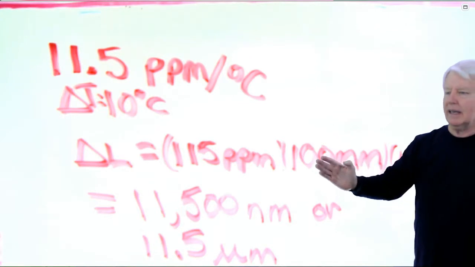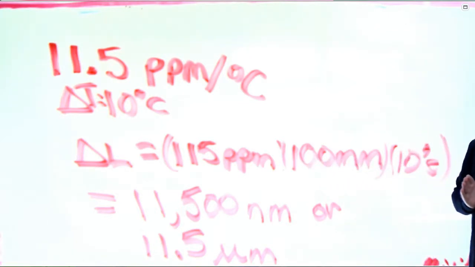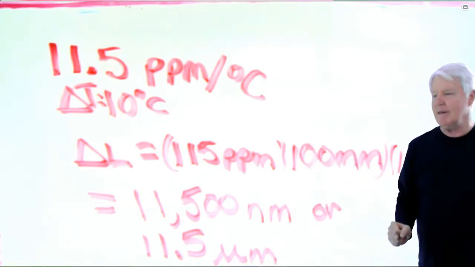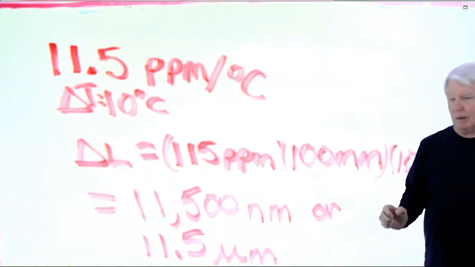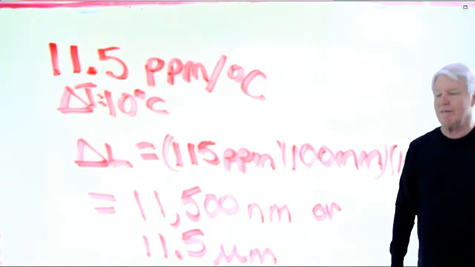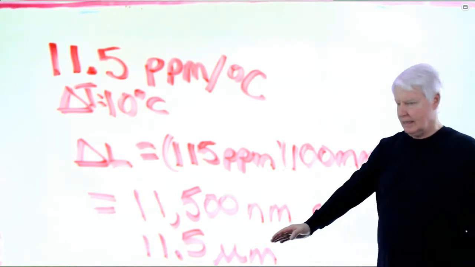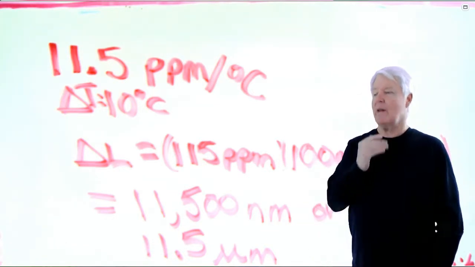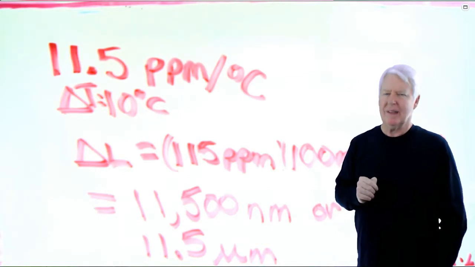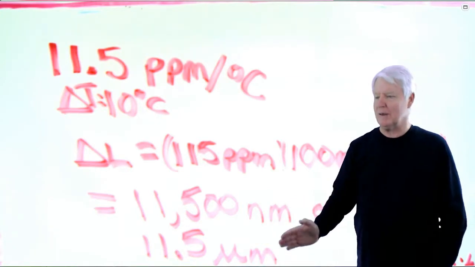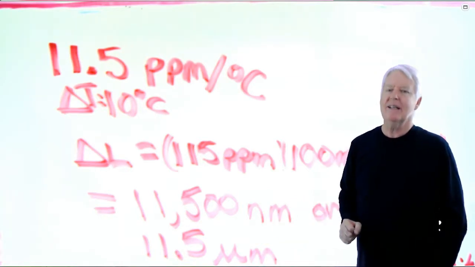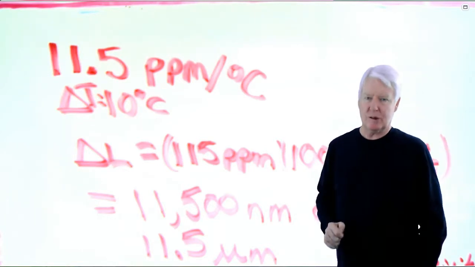You multiply all those out, and it ends up being 11,500 nanometers, or 11.5 micrometers, which is 10 to the negative 6. And that's how you do this problem. They're not overly difficult. The most difficult part is keeping your units correct. So anyway, let's move on to the next question.